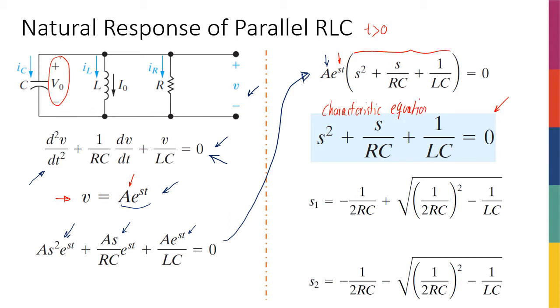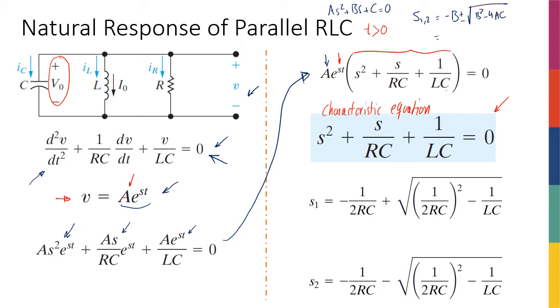of the circuit. Okay, so now to solve this, if you don't remember, here are the roots of a polynomial. For s squared plus Bs plus C equal to 0, we know that s1 and 2 are going to be negative B, use capital B, plus minus the square root of B squared minus 4AC.